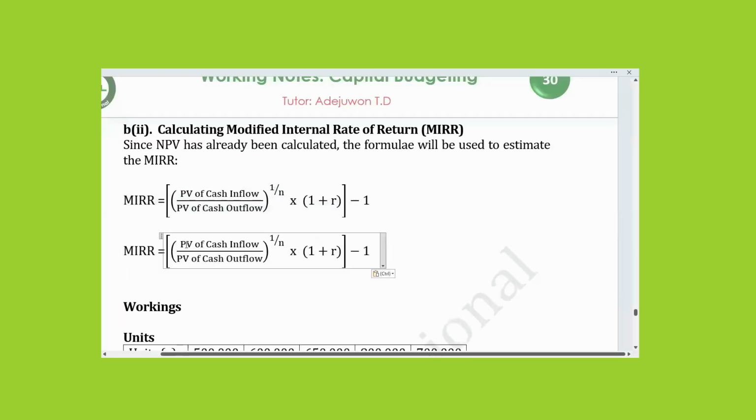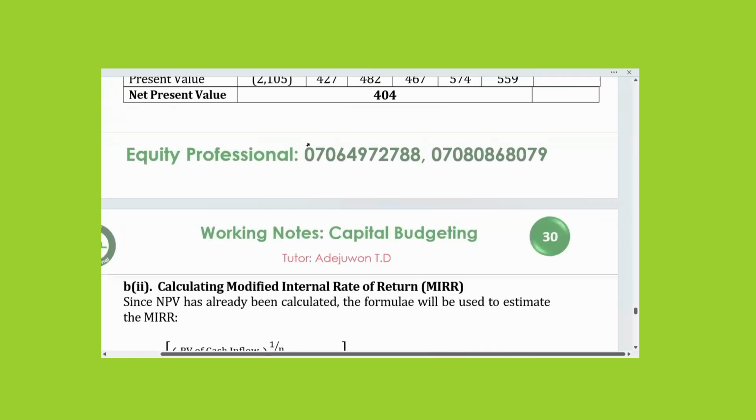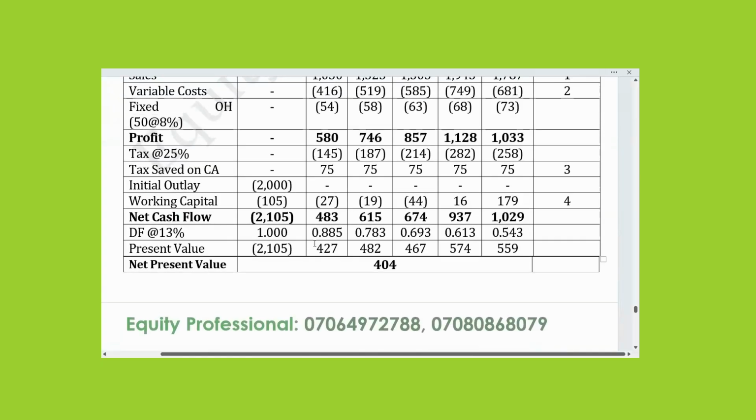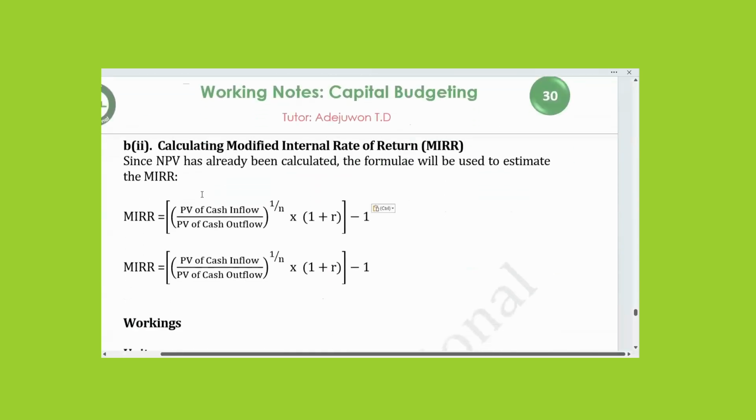When we calculated the NPV, we added up all the positive present values. That's your present value of cash inflow. We minus 2105 and we got the NPV of 404. Therefore, to get my present value back, I will just say 2105 plus 404. That will give us 2509.